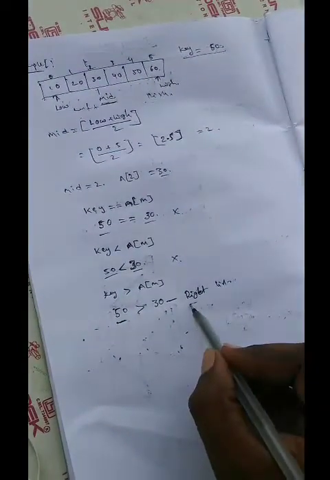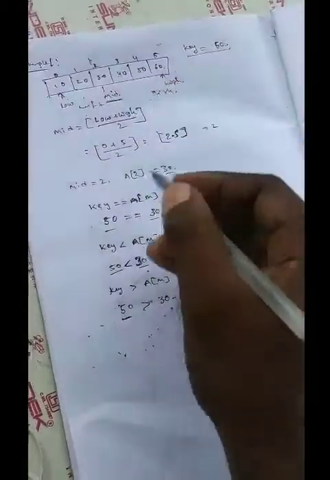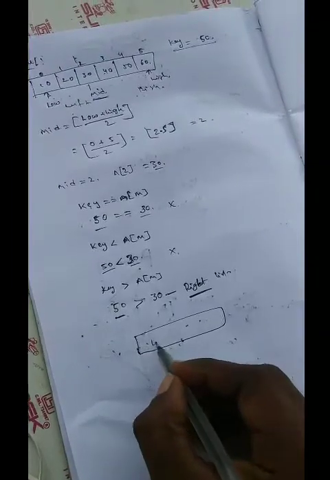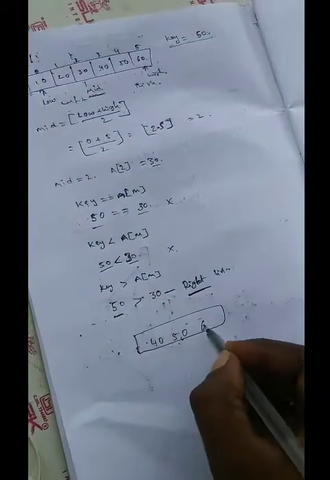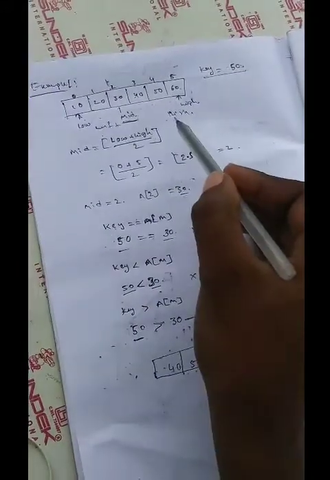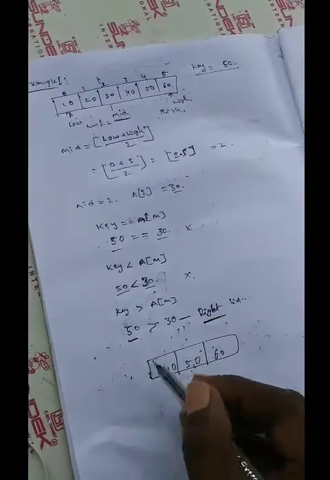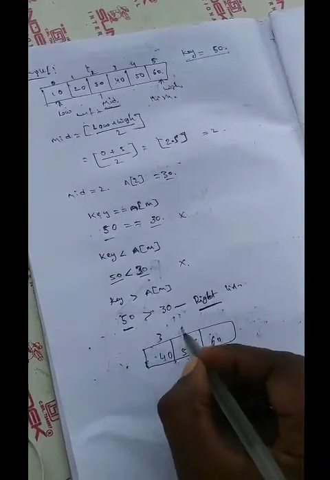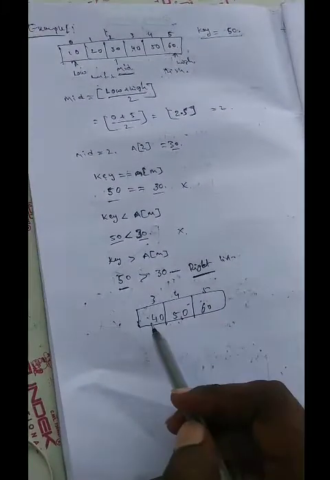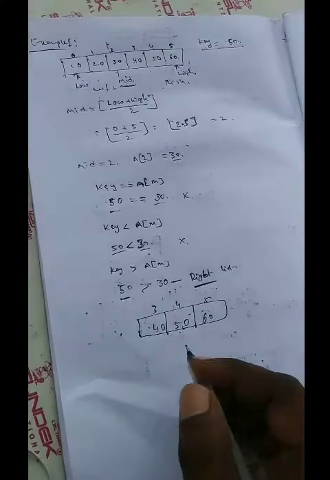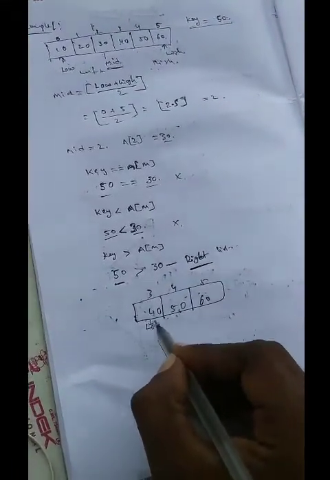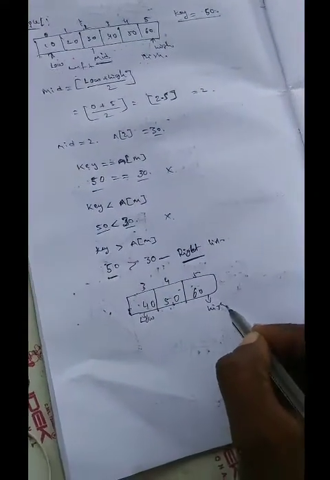So we go for the right list, which will be 40, 50, 60. These are the right sublist of the middle element. Here the index positions are 3, 4, 5, and again we apply divide and conquer. We have to know the index values, low and high.